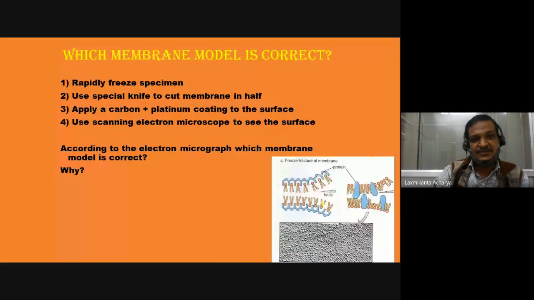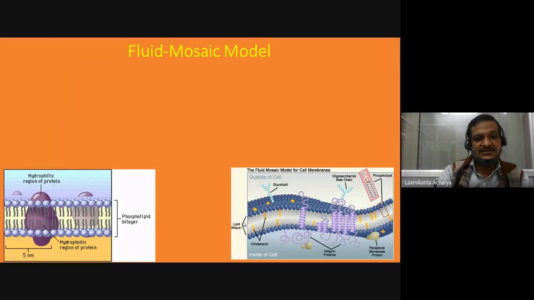And whenever we take an electron micrograph with a special knife-like structure, we see these proteins are here. So the electron micrograph also supports this fluid mosaic model. A special knife is used to cut the membrane into half, and after applying a carbon platinum coating, you can find these structures. The proteins are here. Okay, and this is your fluid mosaic model, and this is your protein.